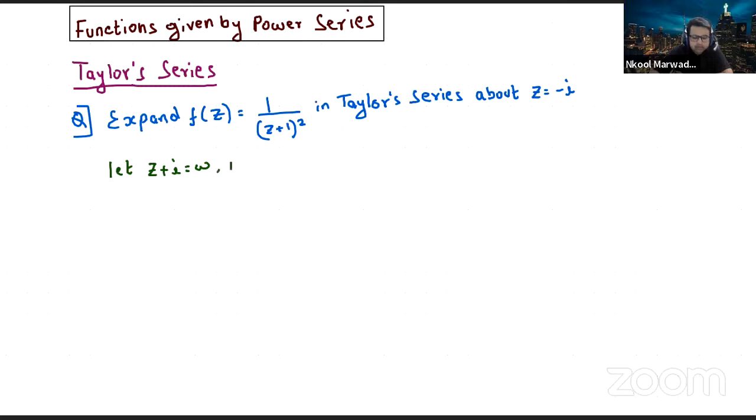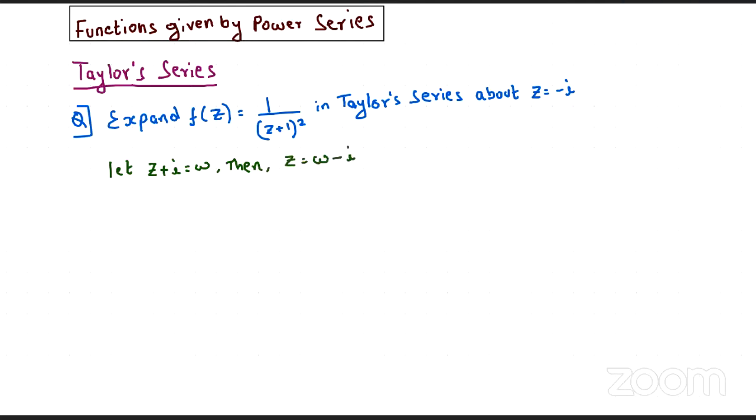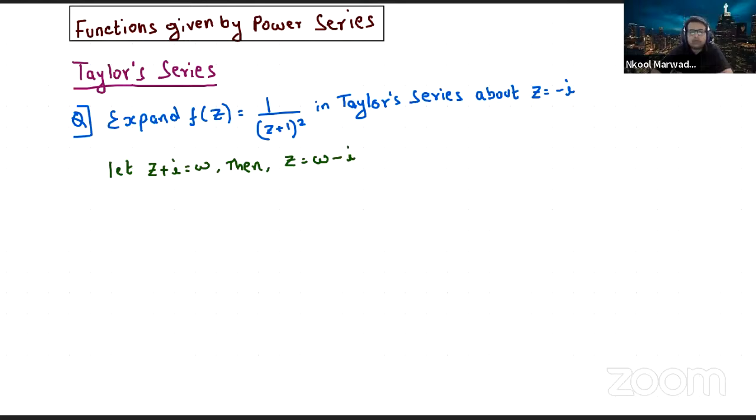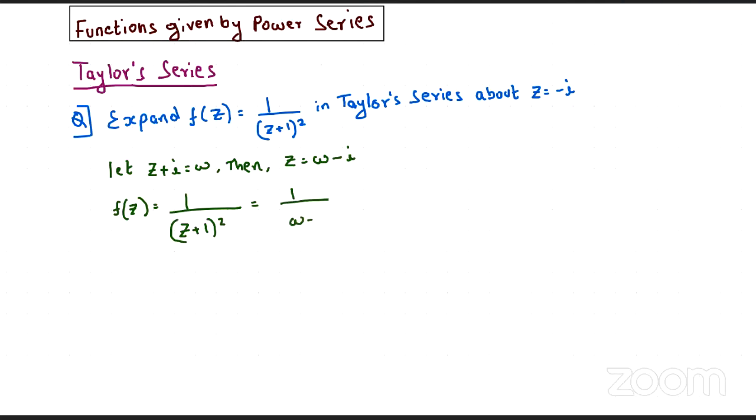Then z will become omega minus i. This is the first step. Now whatever function I have been given, I can just replace this z with omega minus i. So whatever f of z I have, I can write it as 1 upon (omega minus i plus 1) whole square.